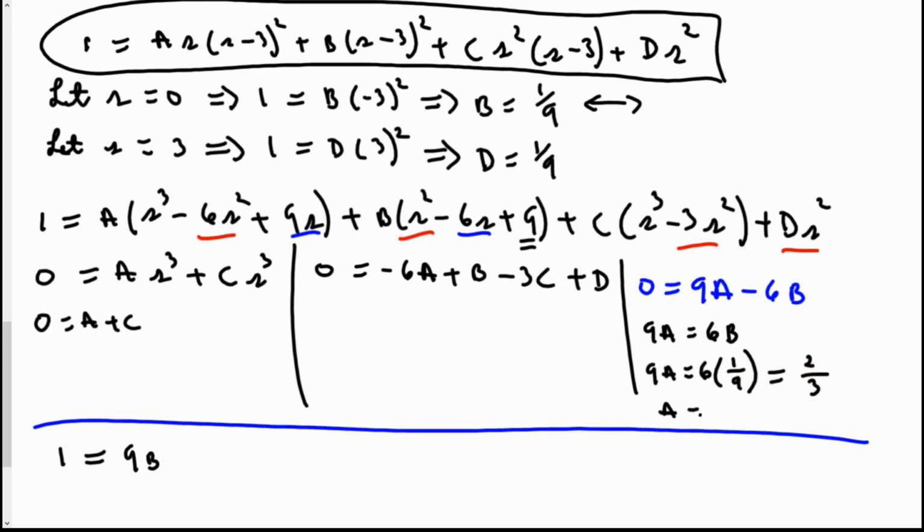So a is equal to 2 over 27. If a is 2 over 27, that means that c is the opposite of it, right? Because c is equal to negative a. Negative 2 over 27 for c.